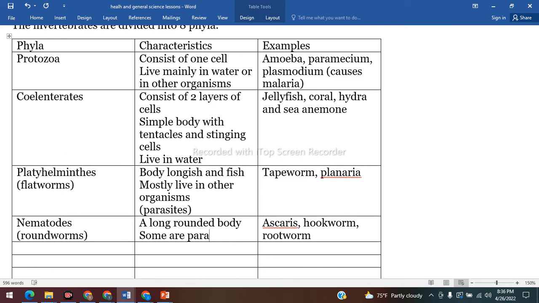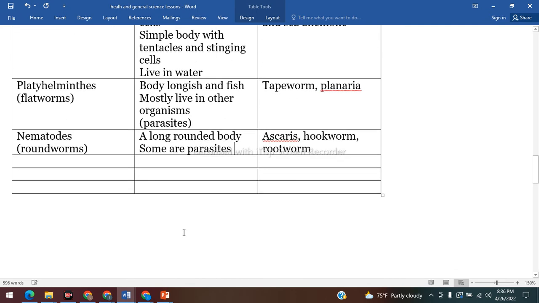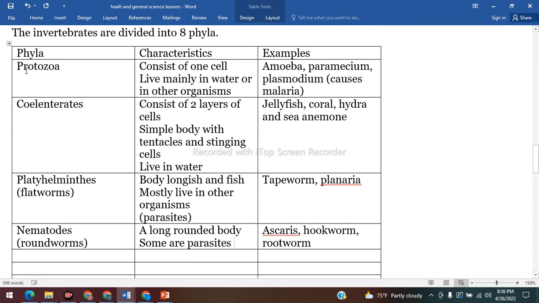And we know it's a parasite, right? Or we don't know it's a parasite. What are parasites? Anyone? What type of parasites, you know?